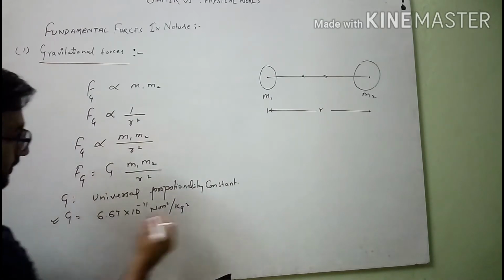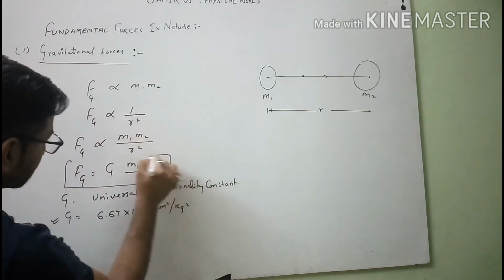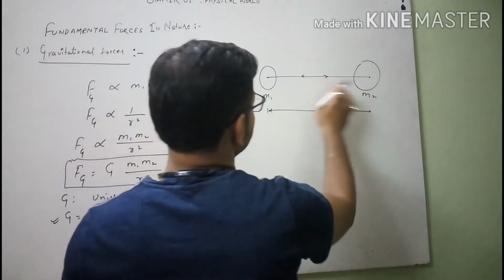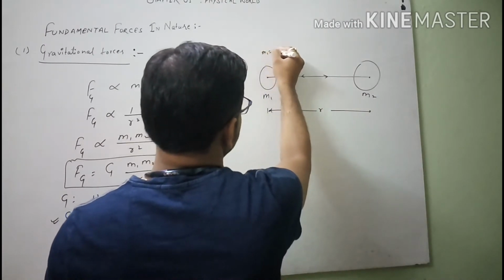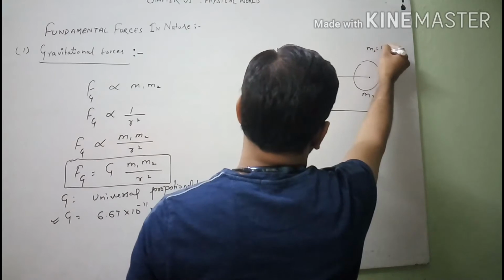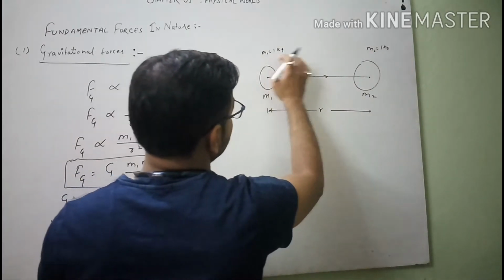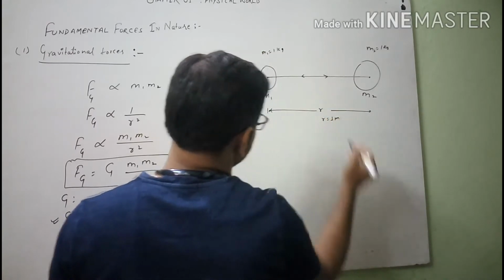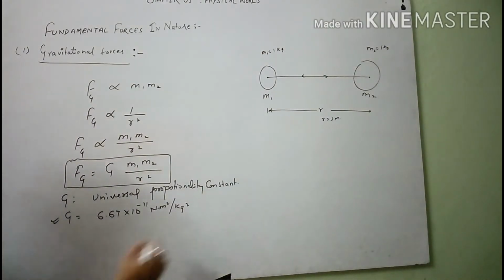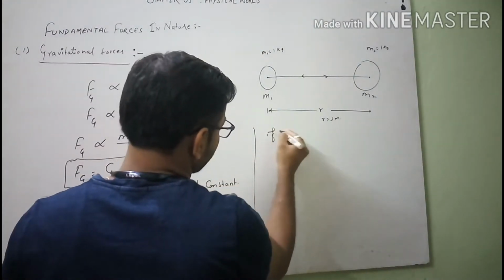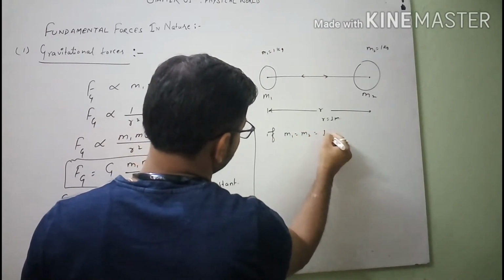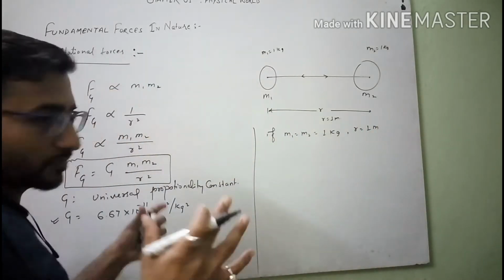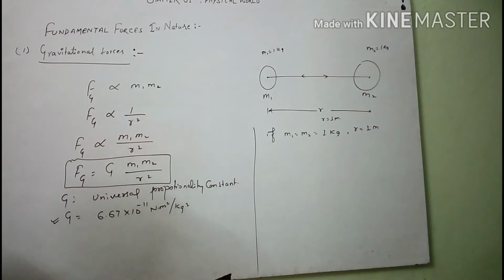After this formula, you can check the value of the force between two bodies if, suppose, their mass is 1 kg each and both bodies are placed at 1 meter. We want to check the force of attraction, meaning the gravitational force between them.